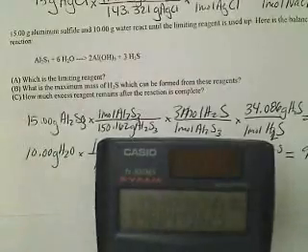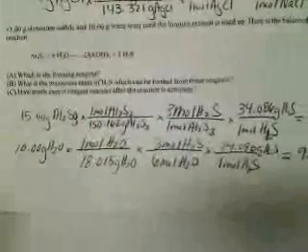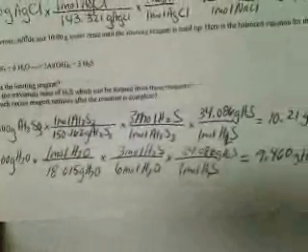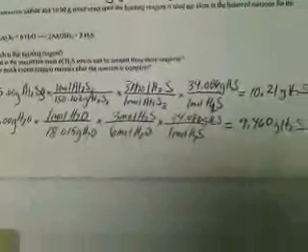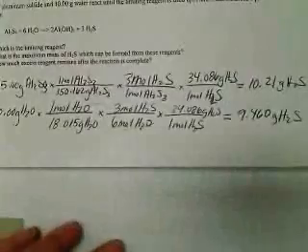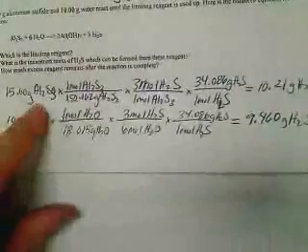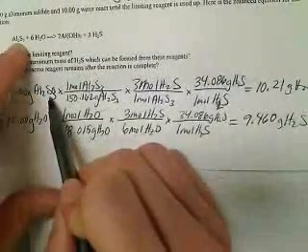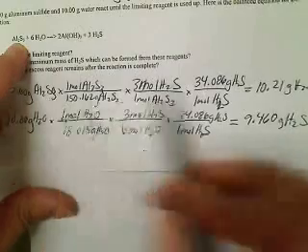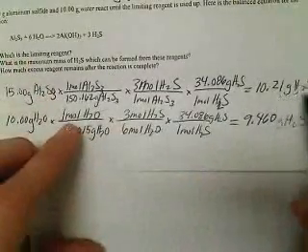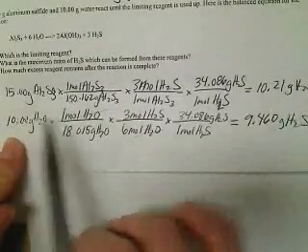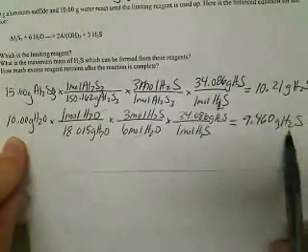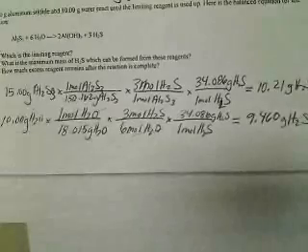The key here, if we look at this: if we start with 15 grams of aluminum sulfide, we can produce a little over 10 grams of H2S. If we start with 10 grams of water, we can only produce 9 grams of dihydrogen sulfide.